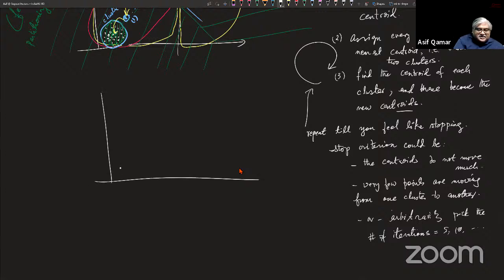Suppose I have, again, I draw these points, and I draw these points here. And so let us say that I randomly pick a point somewhere. Let's say that I pick this point as one.